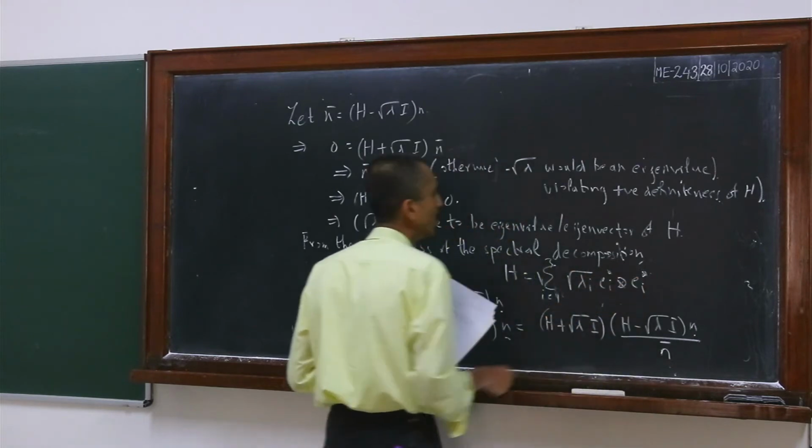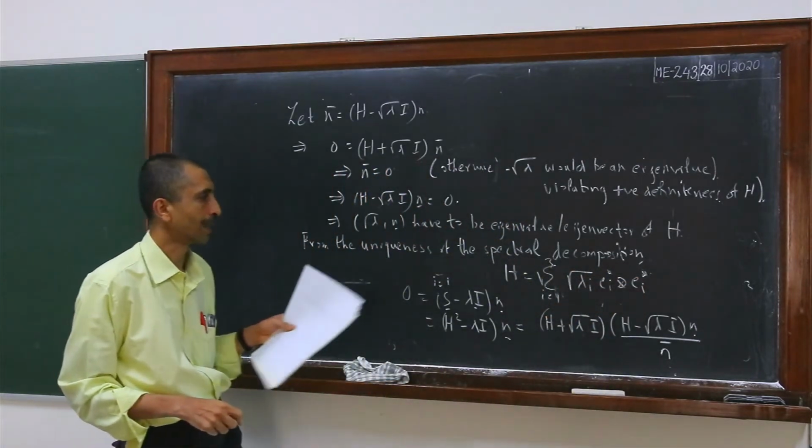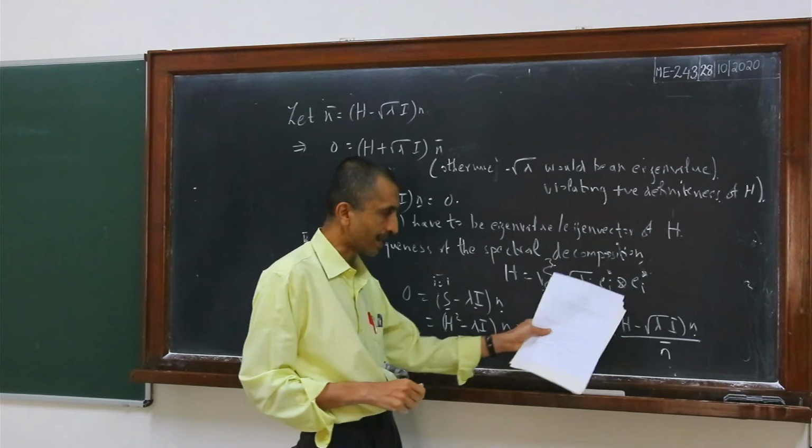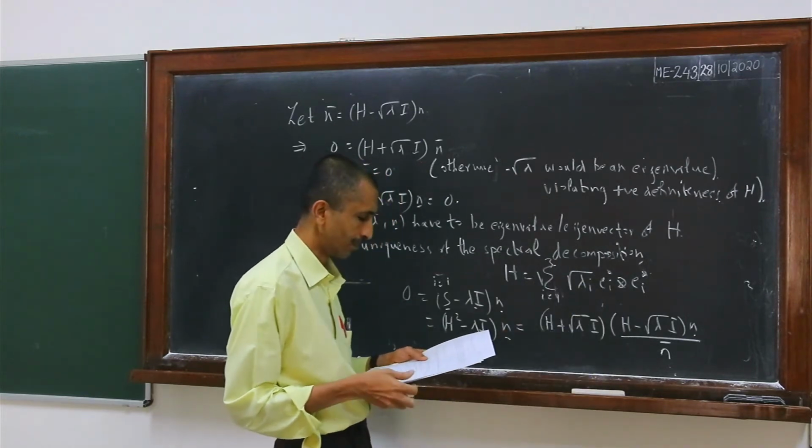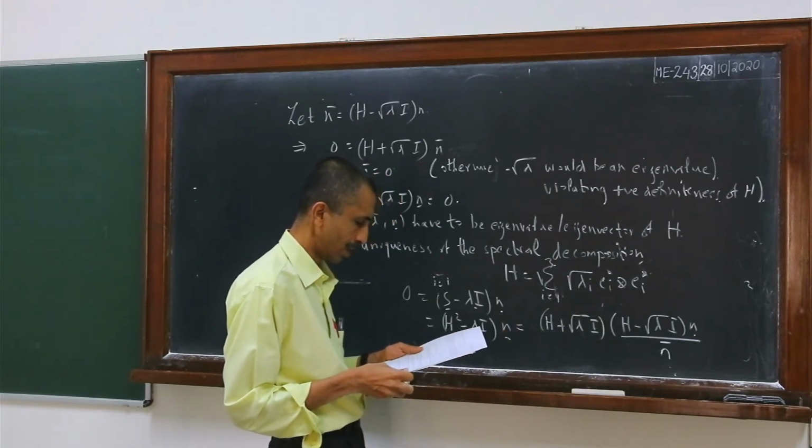So it has to be of this particular form. And the spectral decomposition is also unique, so it has to have this particular spectral decomposition. So that's what we have now shown.